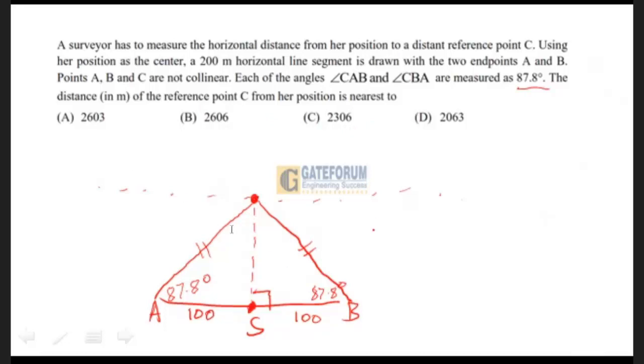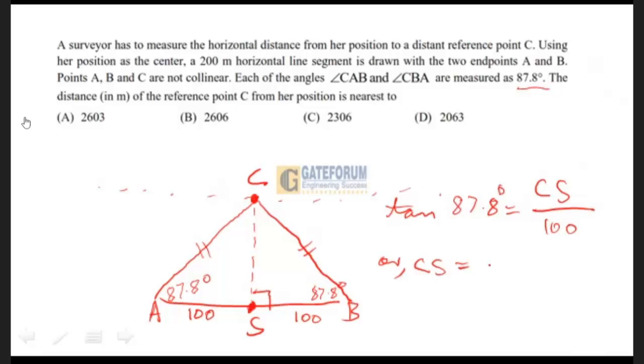So we can say that tan of 87.8 degrees is equal to CS divided by 100. Therefore CS would be equal to 100 into tan of 87.8 degrees. Now tan of 87.8, you can check on your scientific calculator.